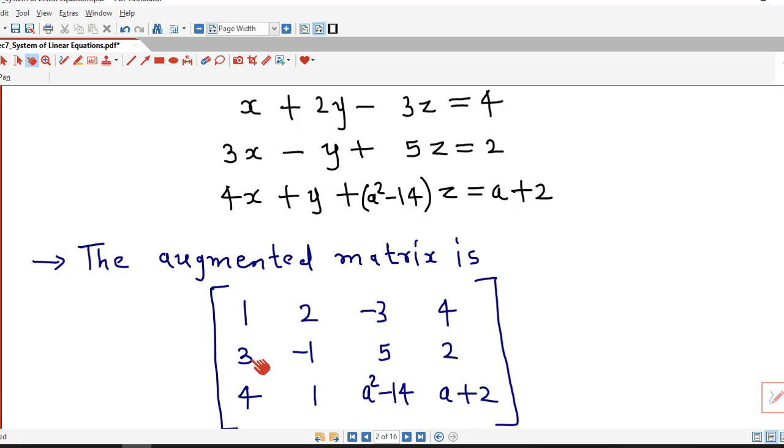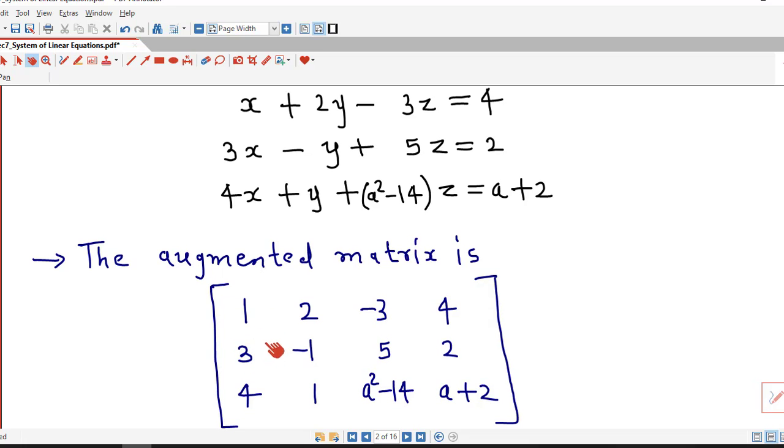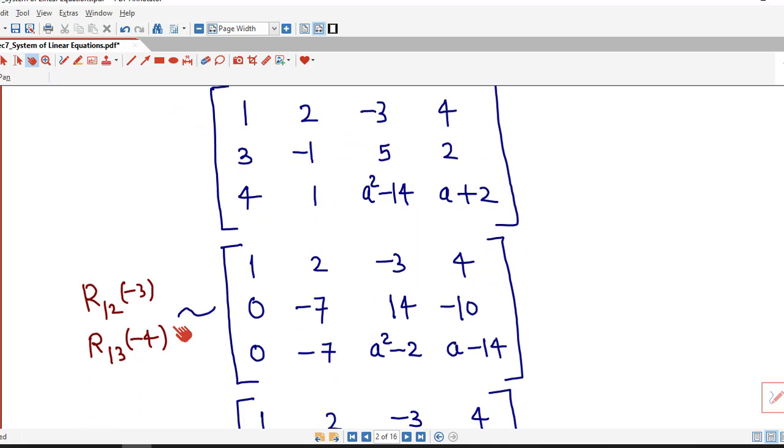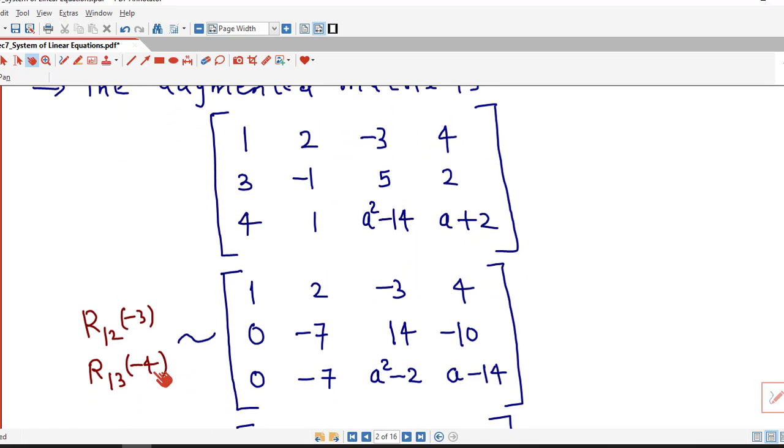To make this entry 0, we have to multiply the first row by minus 3 and add to the second row. Similarly, we multiply the first row by minus 4 and add here, so that we obtain 0 here. So these are the operations which we will apply. We multiply the first row by minus 3 and add here.